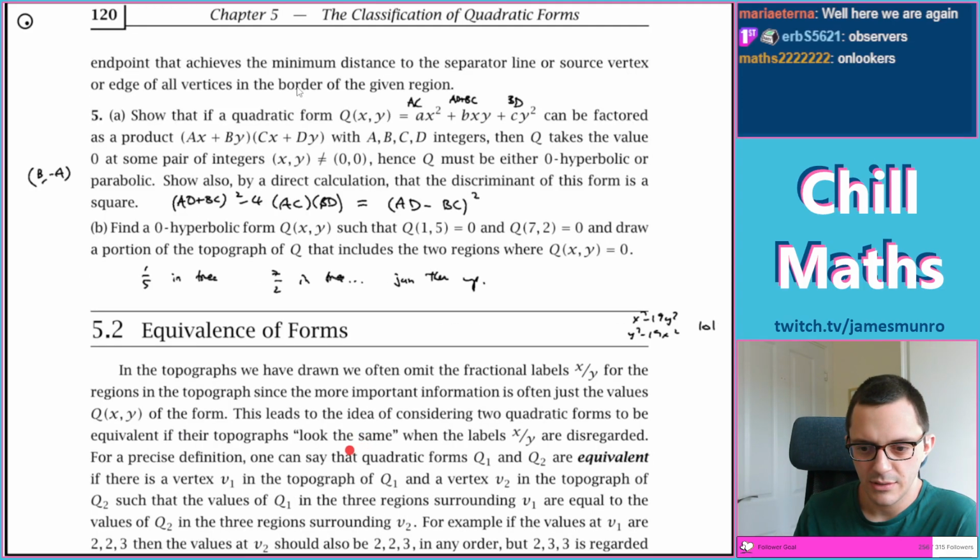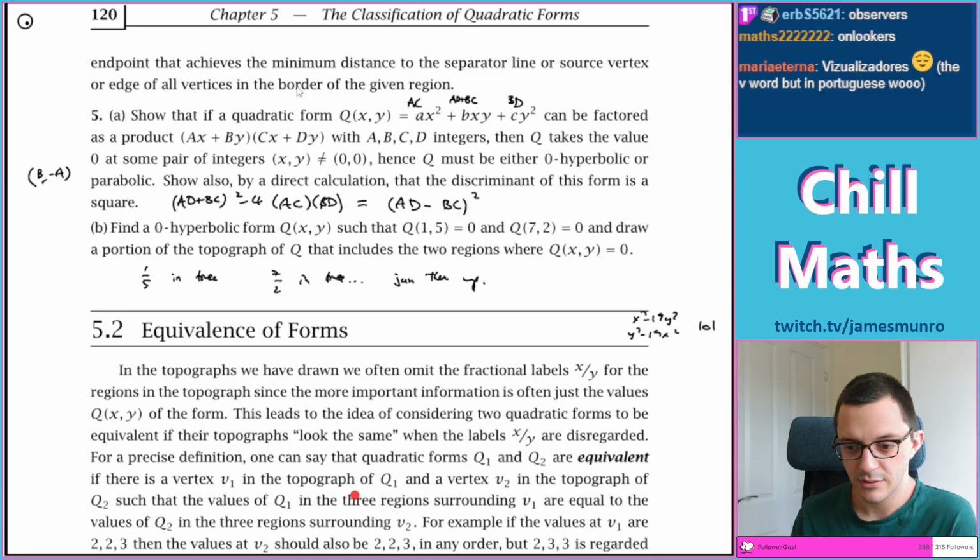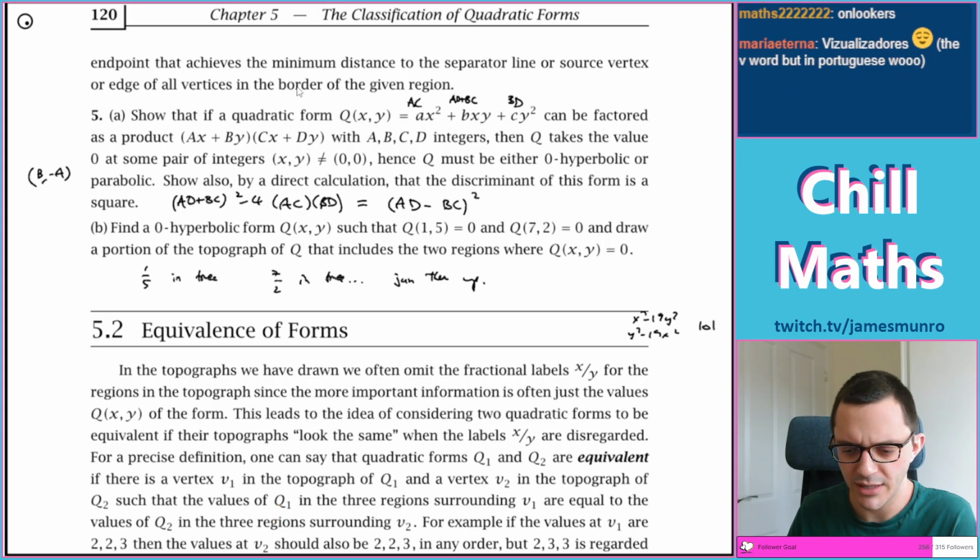Quadratic forms are equivalent if, well, it does turn out to be if they take the same values. I want to say it's if they take the same values, but it's if there's a vertex where they take the same values. From there, you get the same values everywhere else.